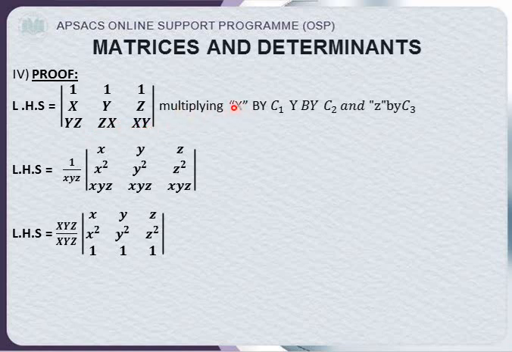So we multiply column number 1 by x, column number 2 by y, column number 3 by z, and I write down the property. Now x, y, z can be taken as common from row number 3.